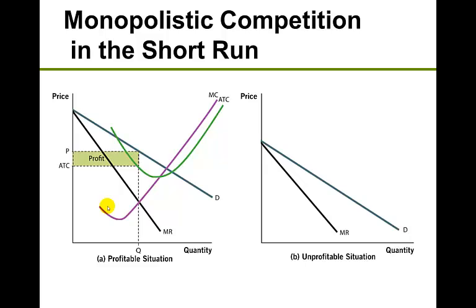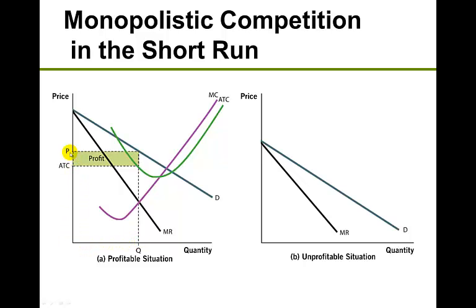One other extension that you can notice here is that if I wanted to calculate how much revenue the firm made, I would simply look at the rectangle given by price and quantity. So revenue is price times quantity. So this whole rectangle here tells me how much revenue my firm is making.